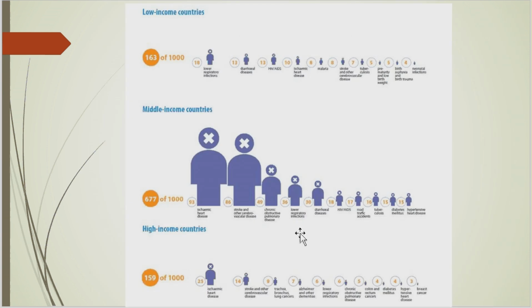If we go back to our middle income countries, where Trinidad is on the cusp between middle income and high income, road traffic accidents are a big cause of death in these middle income countries. I haven't really considered those when I'm talking about diseases, because road traffic accidents are really one-off injuries.